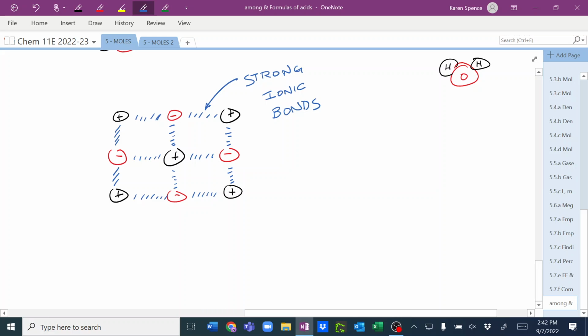And then embedded in that space, who's embedded in the spaces? Water. This is a hydrated crystal lattice.